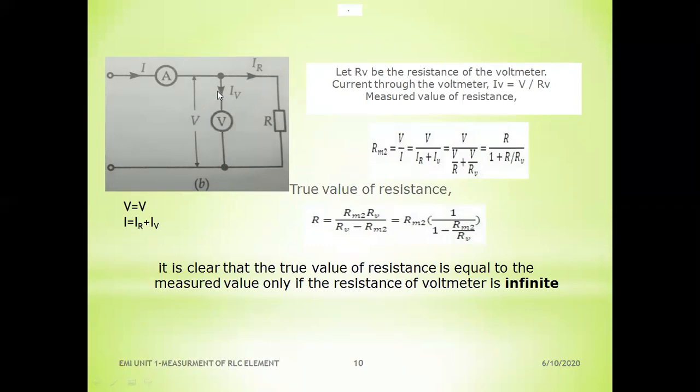For this case, the voltmeter reads only the voltage across the resistance. That means the voltage across the voltmeter is the voltage across the unknown resistance.